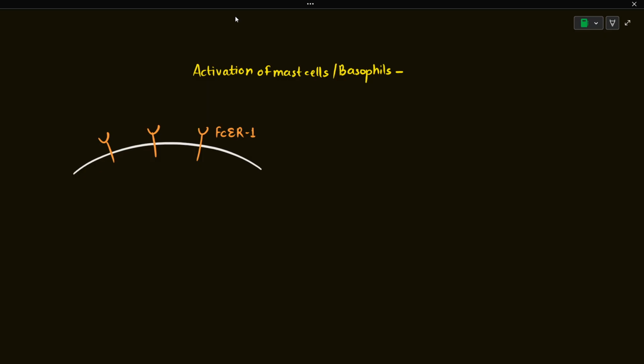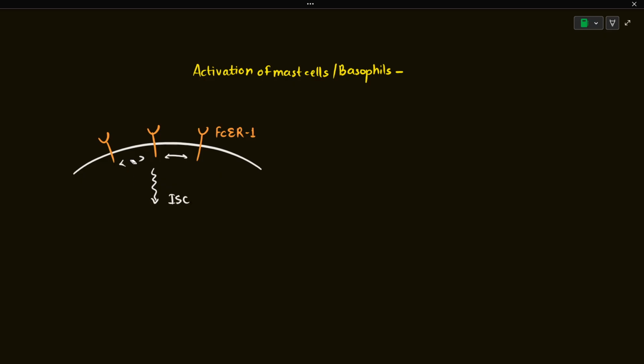In a somewhat similar way, the activation of mast cells and basophils requires receptor clustering. This means all of the receptors present over the surface of mast cells and basophils need to get clustered in some place, and this clustering is going to result in intracellular signaling. Once these receptors get clustered, they will induce the intracellular signaling cascade.